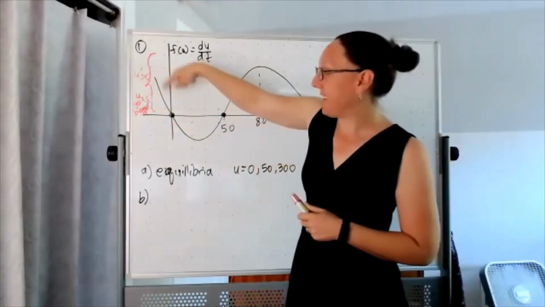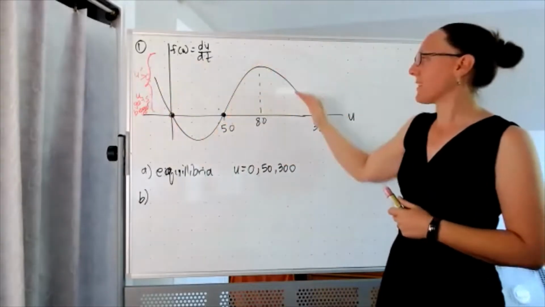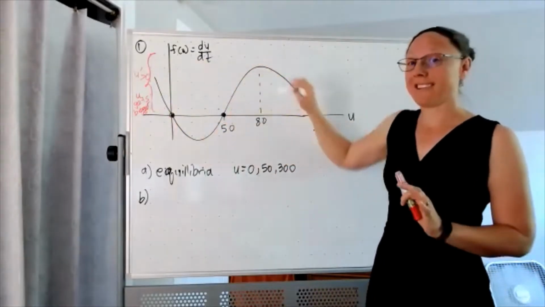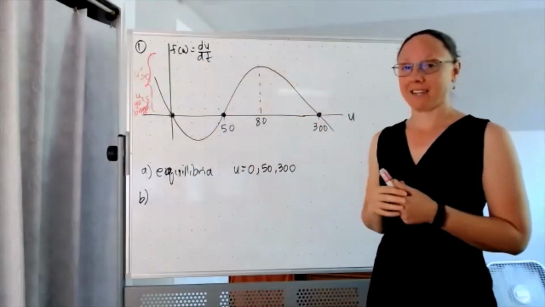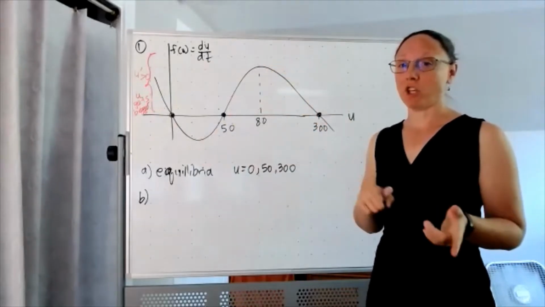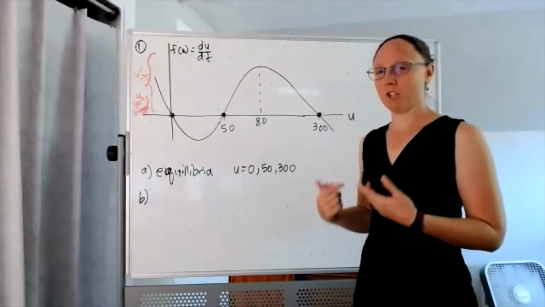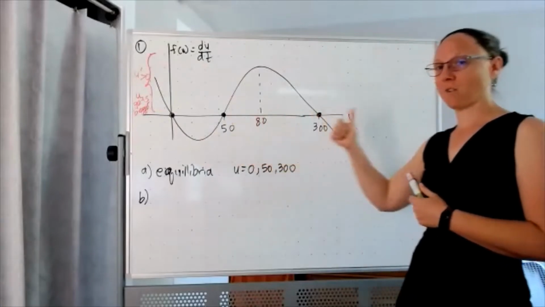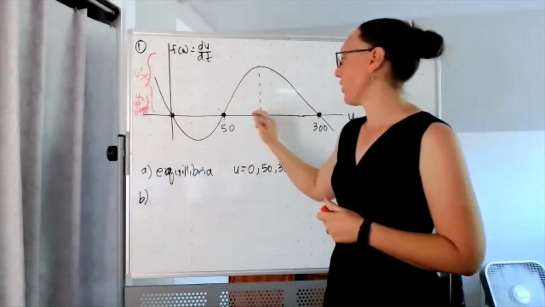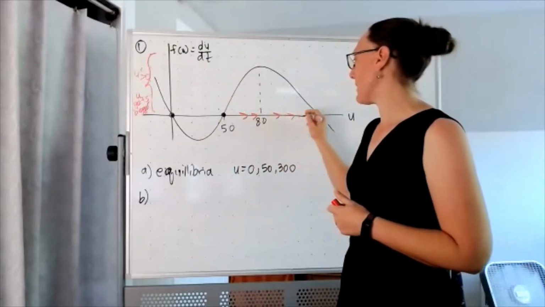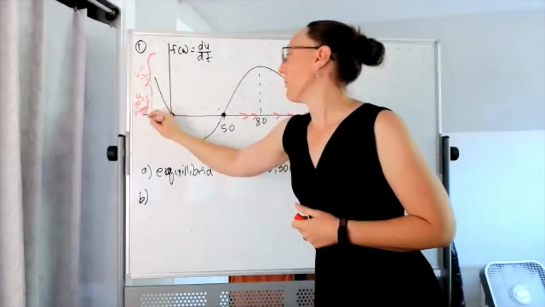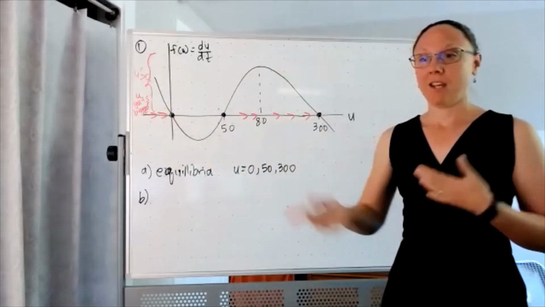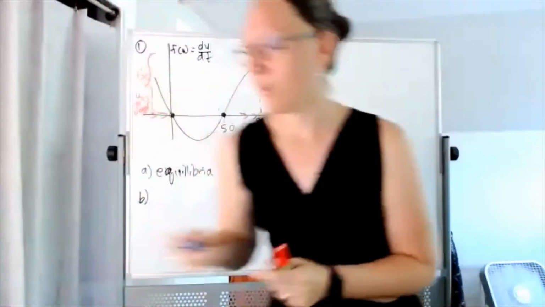That means that in this portion of the curve and in this portion of the curve, because that's where we're above the axis, I know that the values of u should be getting larger, which means my larger u values are to the right. And I'm just going to draw in some arrows for myself, showing that we would be moving to the right. And the opposite is true when we're below the axis.